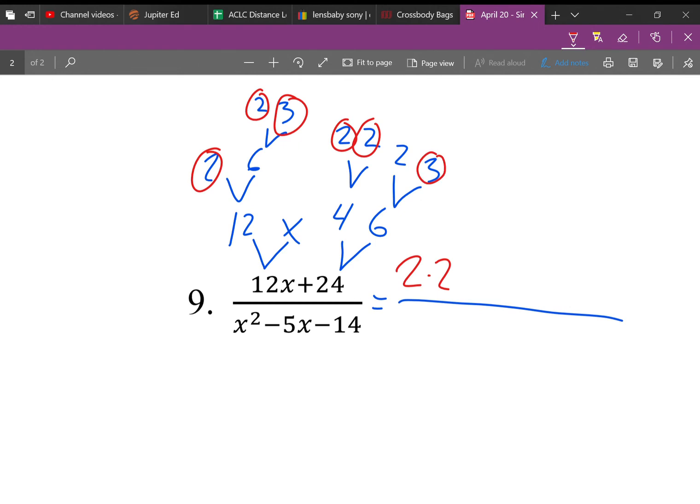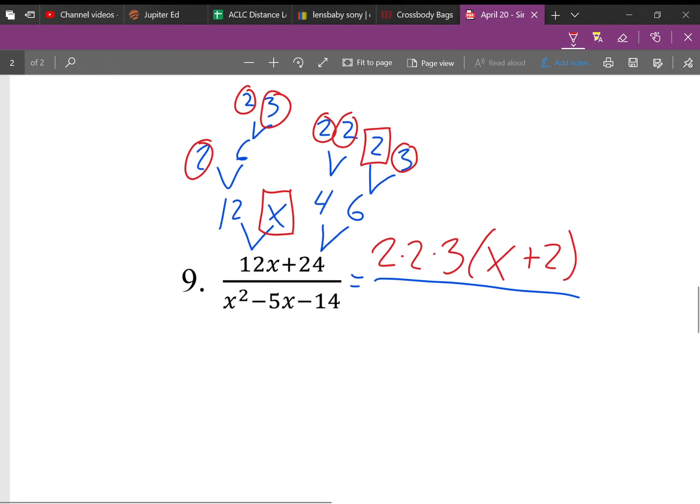And by matching, I mean that they have in common. Now, what's left over? Well, in the first thing, all I have left is this x. In the second term, all I have left over is this positive 2. So that's the numerator fully factored.